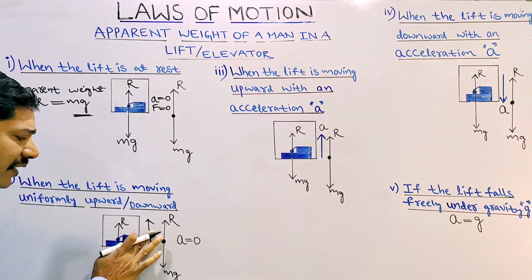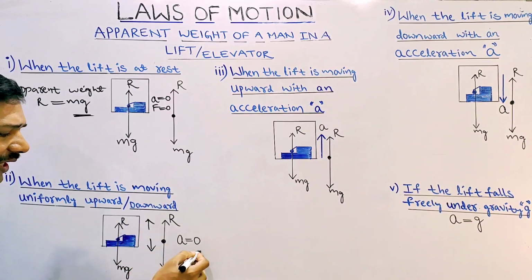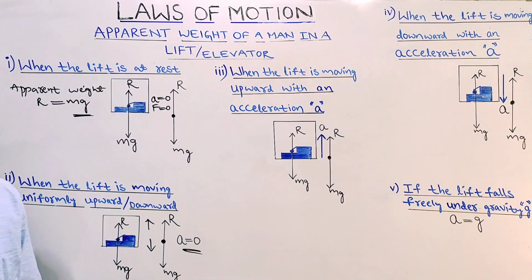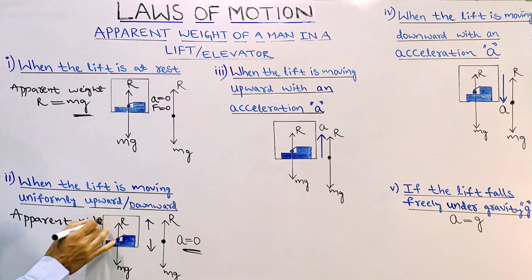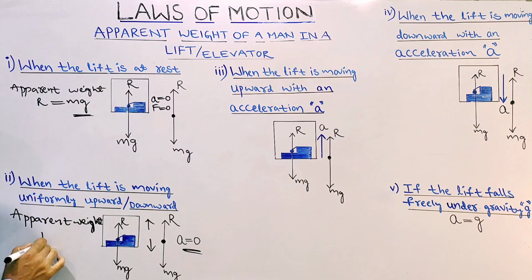No change in velocity means acceleration is zero. So in this case also the apparent weight R equals mg only.